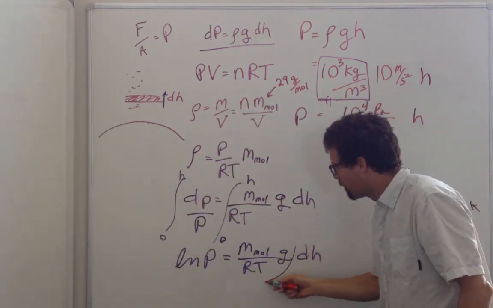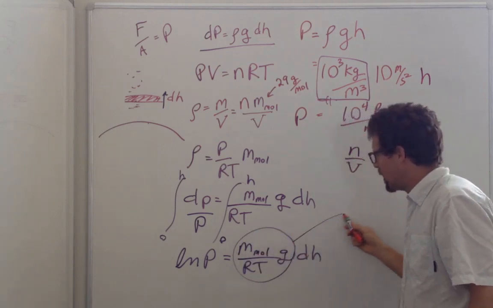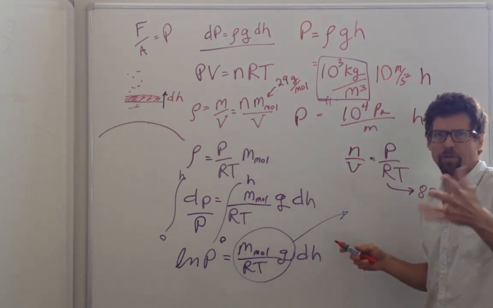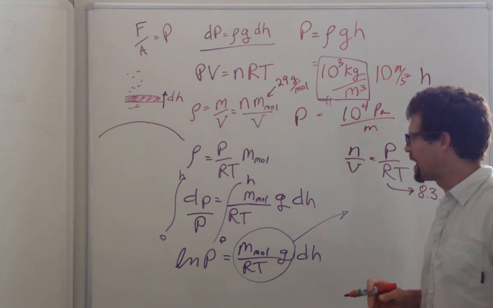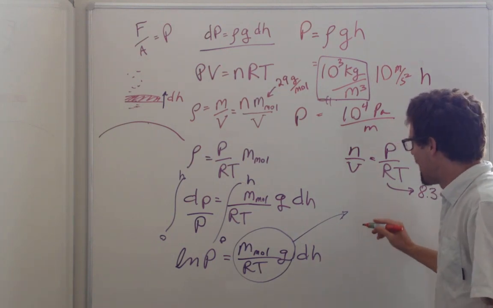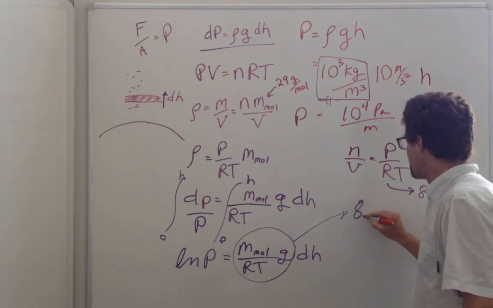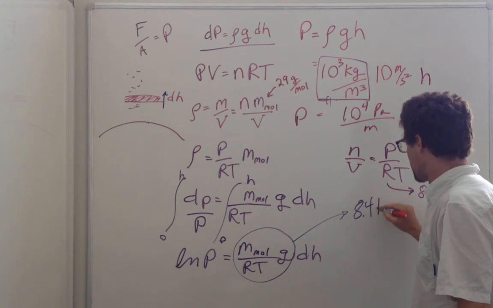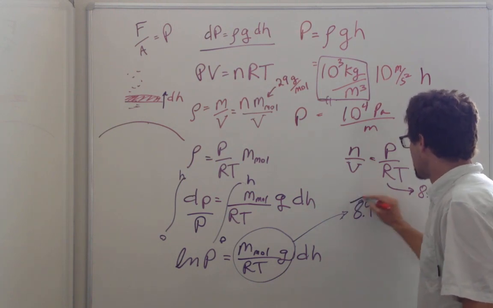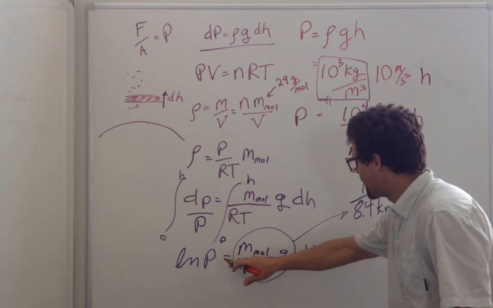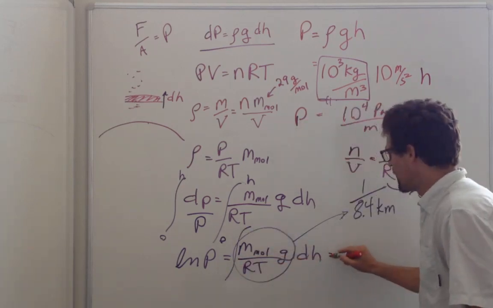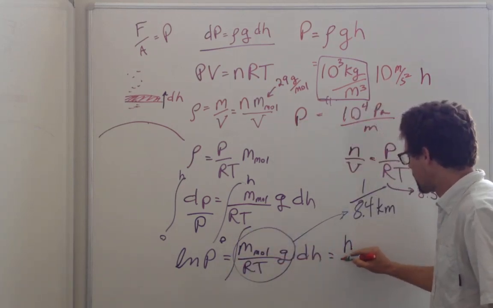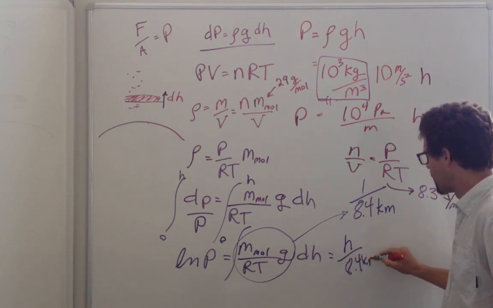So we can solve for this given a reasonable temperature of on the order of 270 Kelvin or 300 Kelvin, and we end up with about 8.4 kilometers. And that's actually in the denominator. So when we integrate this up, we get height over 8.4 kilometers.